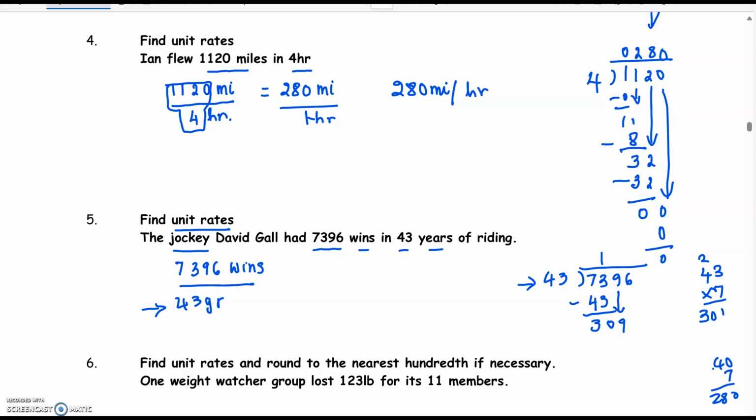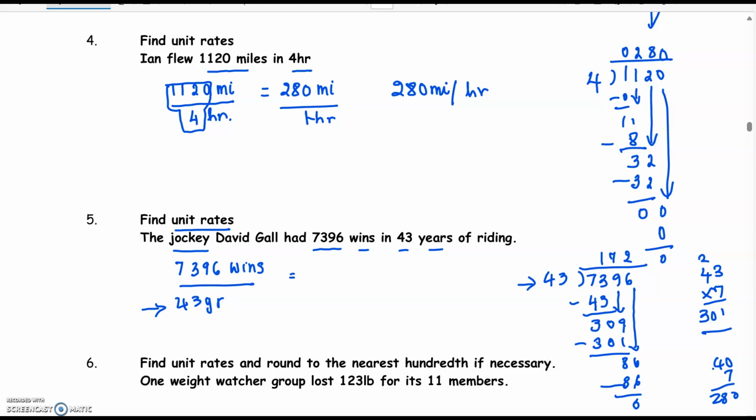So we have 7, 43 times 7 equals 301. We subtract. 9 minus 1 is 8. Bring the 6 down, and 43 times 2 equals 86, and we get a remainder of 0.